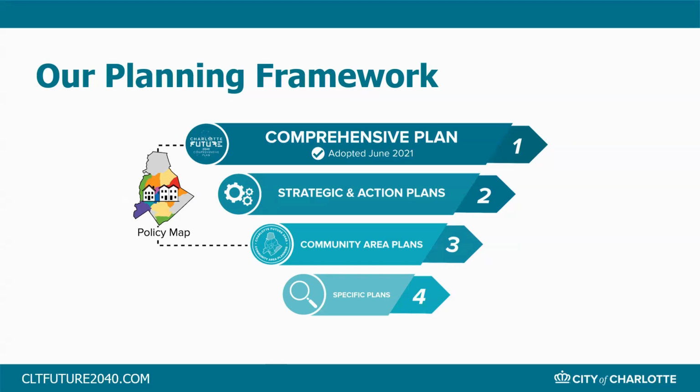Level 3 is the community area plans, which provide more guidance for the appropriate land uses, building form, and infrastructure needed throughout the plan geography. Level 4 specific plans focus on smaller geographies and provide more guidance for implementation of specific projects. It's important to note that levels 2 through 4 all build upon the vision and goals outlined in the comprehensive plan.